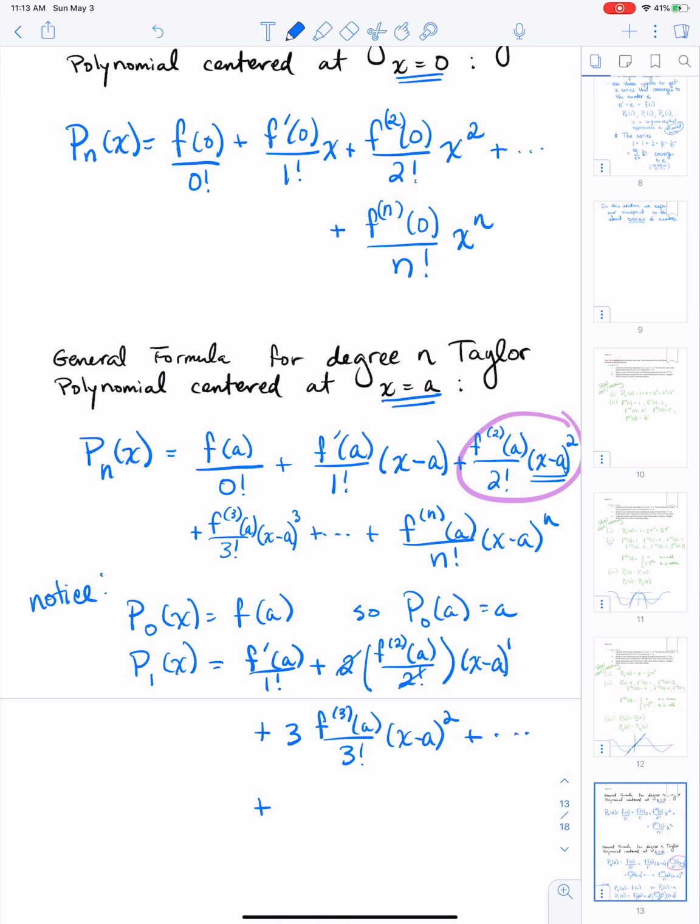And then notice that this 3 is going to cancel with the 3 in the 3 factorial. Okay, so then my last term, when I differentiate, is going to be n times the nth derivative evaluated at a over n factorial times x minus a to the n minus 1.